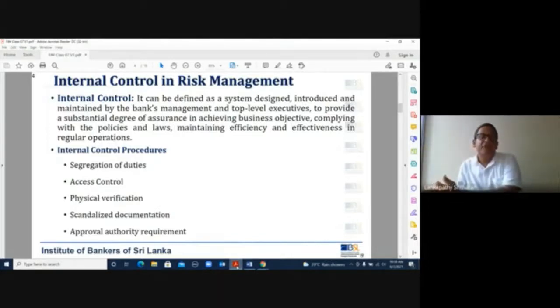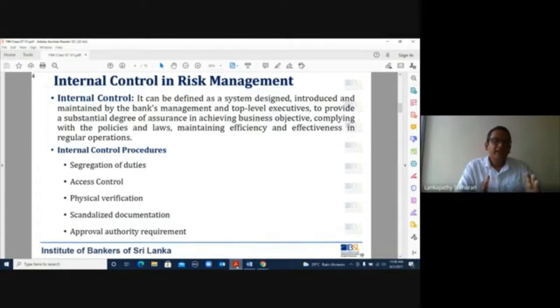So segregation of duties is one of the main internal control procedures introduced by banks and other institutions. We can call this the 4 Eyes principle. The 4 Eyes principle means anything can be checked by 4 eyes, meaning 2 people.